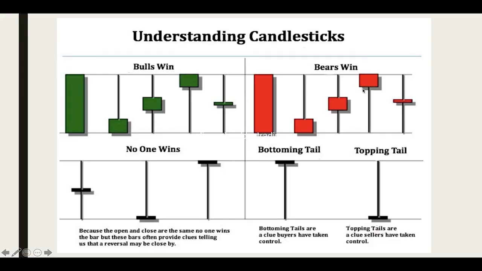So that's why it's still a red bar, but since there's a bottoming tail, guys, it's a clue that the buyers have been taking control. So even though this is a red bar, it's still kind of a bullish bar. And although this is a green bar, it's still kind of a bearish bar, because we know that a topping tail is where sellers take control, a bottoming tail is where buyers take control. Hopefully that makes sense, guys.